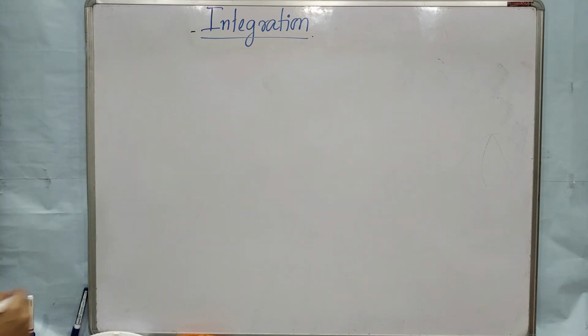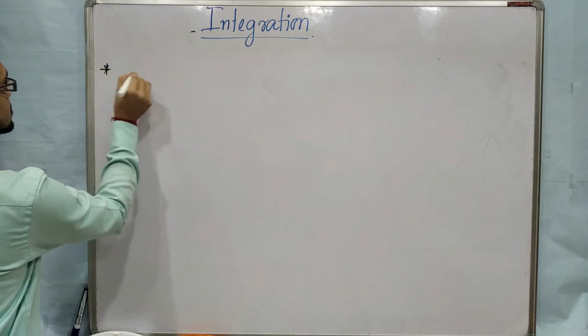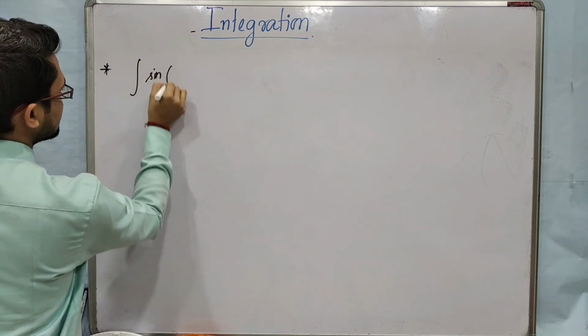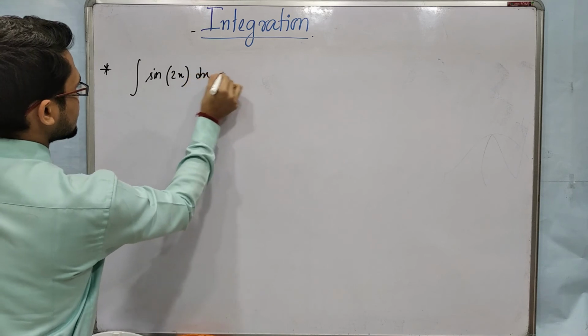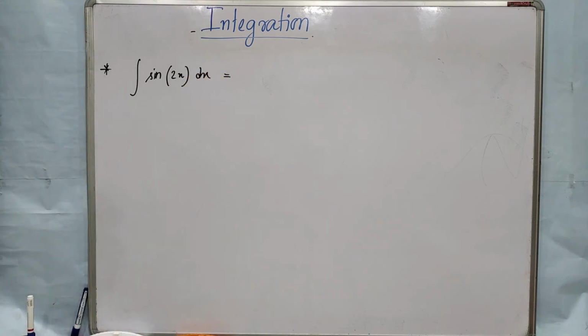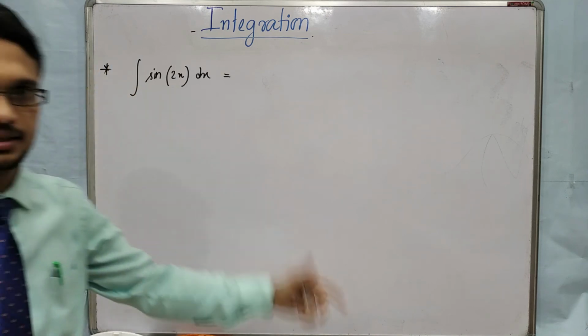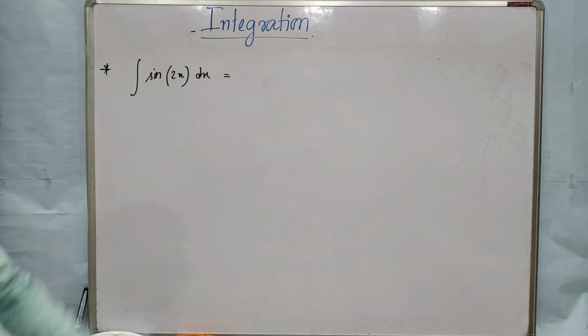Now another important thing I am telling: suppose you are asked to do the integration of sin 2x. Sin x we know: integration of sin x, differentiation of sin x is cos x, integration is minus cos x.